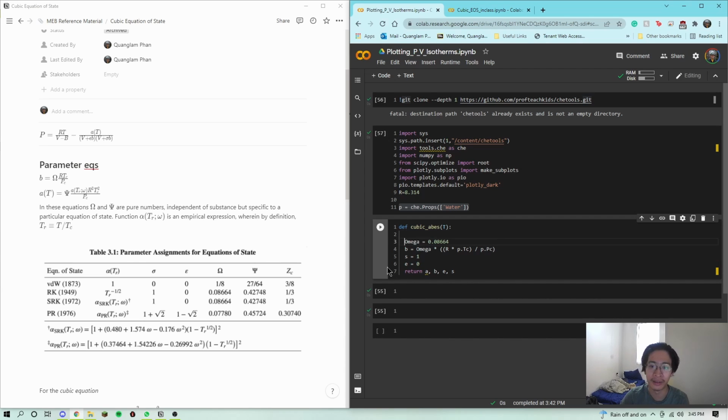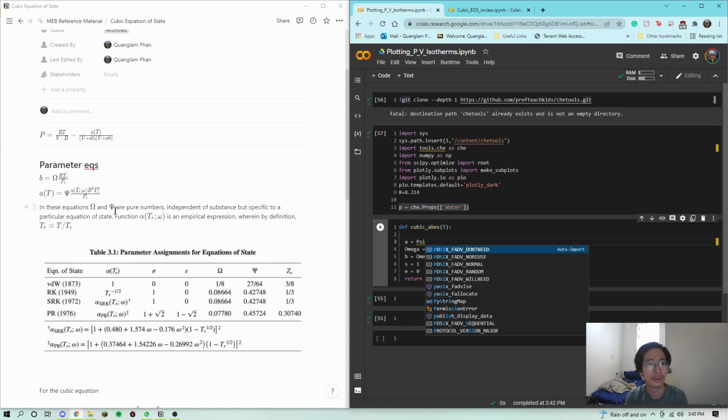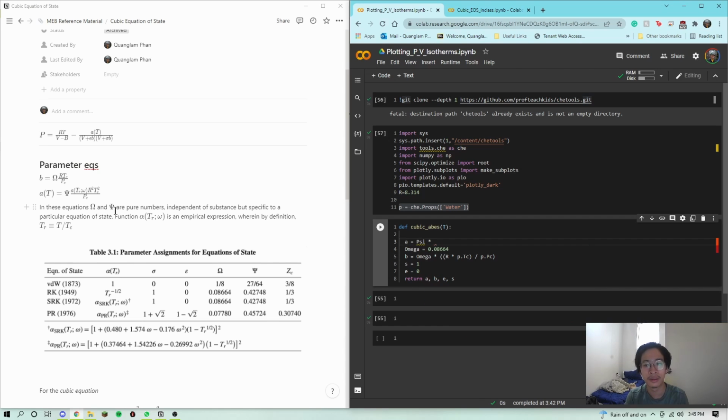Okay, let's tackle A. What's A equal to? A is equal to psi times, let's open some parentheses, alpha, well, this is actually a function that's dependent on the reduced temperature and the eccentric factor. We'll go over that in just a second. Why don't we just build our equation for the time being? Alpha, this is in the numerator, alpha times R squared.